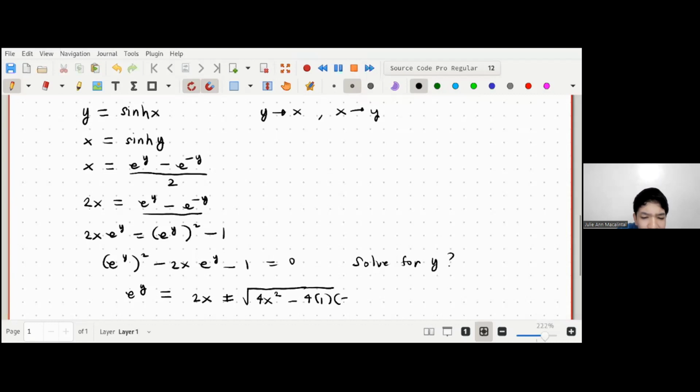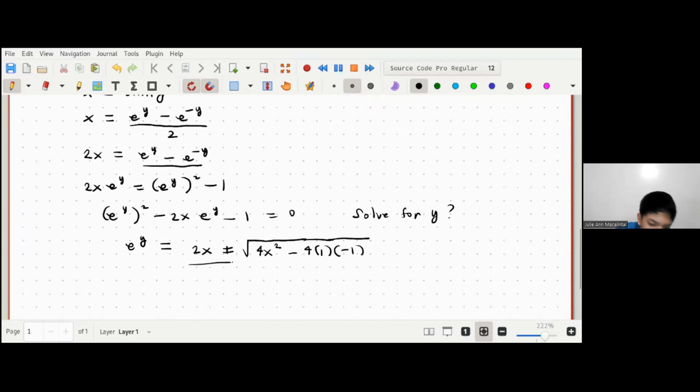Negative 1. So, over 2a. So, 2. Okay, so simplify natin. Plus or minus, may common factor ng 4, so may iwan lang dito, x squared plus 1 sa loob. Kaya, i-rewrite ko lang.